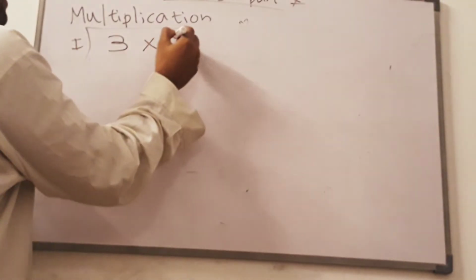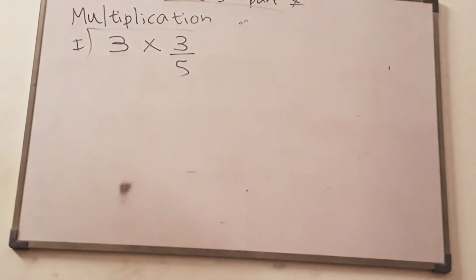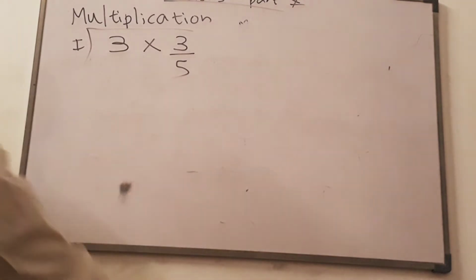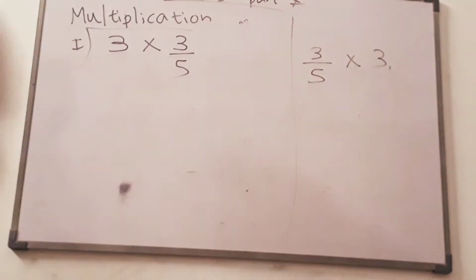For example, 3 times 3 over 5. When you are asked this question, it is 3 over 5 times 3.